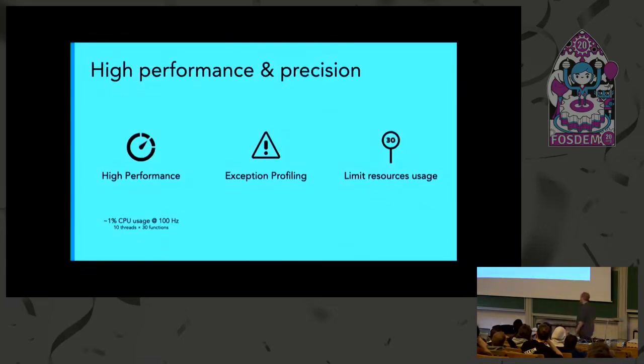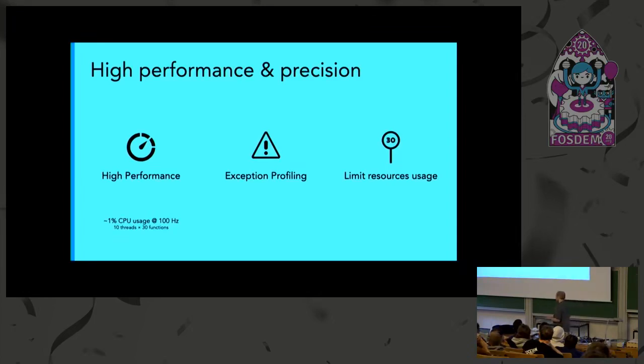So as I was saying, it's a much better way to do profiling in a production system because it has a very low overhead. For example, on my laptop, if I profile a Python program with 10 threads, each executing 30-function-long stack traces, I can poll and generate 100 samples per second for only 1% of CPU.